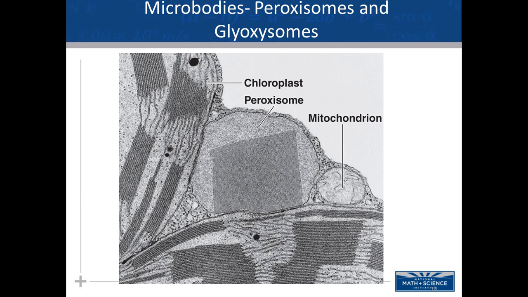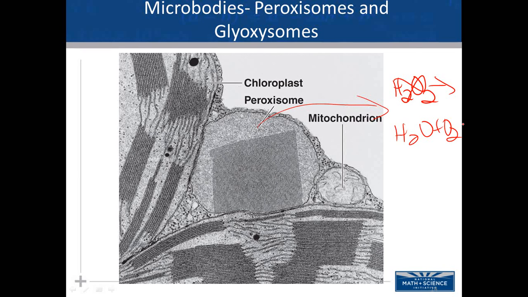Now, a peroxisome will remove hydrogen from certain toxic substances and then combine the hydrogen with oxygen to form, guess what? Hydrogen peroxide. Now you know hydrogen peroxide is a poison. So a peroxisome will have catalase to break that hydrogen peroxide down into water and oxygen.